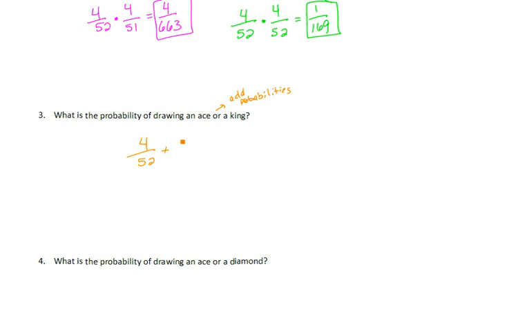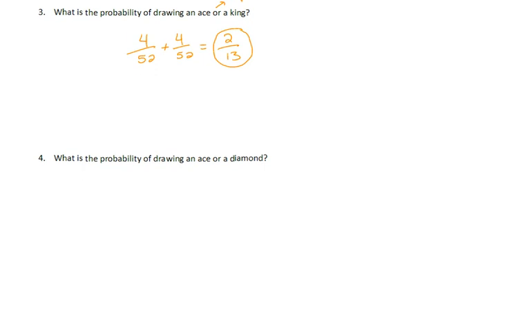So, and 4 out of 52. Okay, so probability is a 2 out of 13. This is called mutually exclusive because that or says it doesn't really matter what's happening here. We're just going to combine those 2 together. So again, one that we're going to look at in this section.